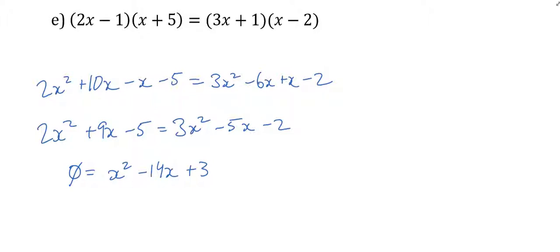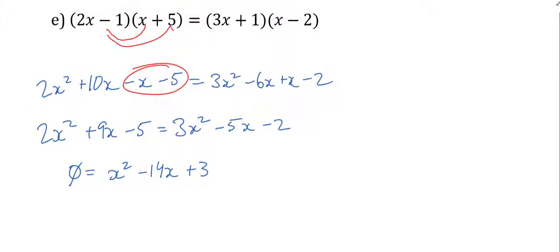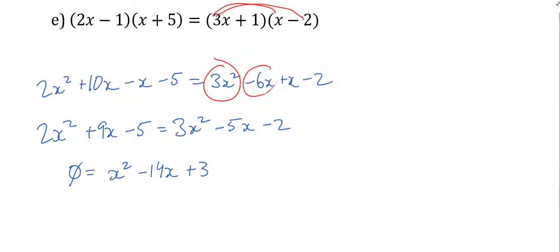Okay, there it is. I did 3 steps. Let me walk you through it since it's already done. 2x times x is 2x squared. 2x times 5 is positive 10x. And then negative x minus 5 on one side. On the other side, 3x squared minus 6x, and then x minus 2.